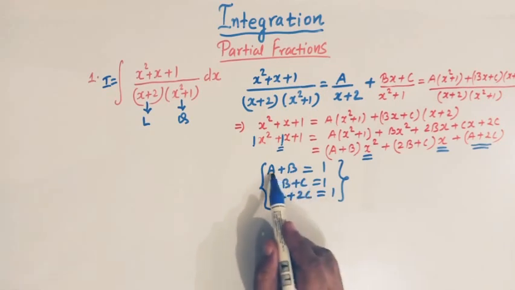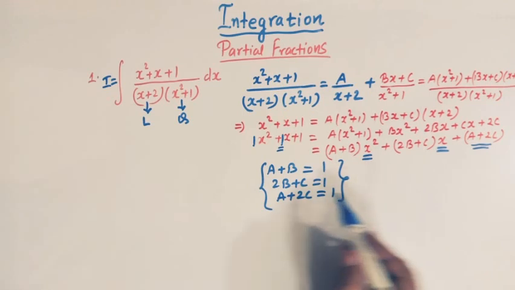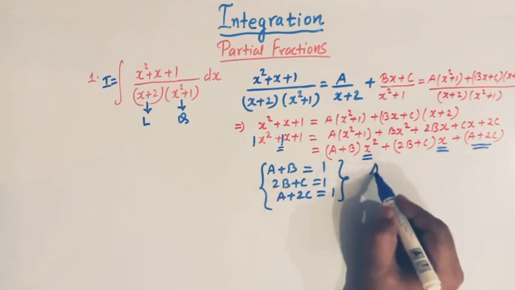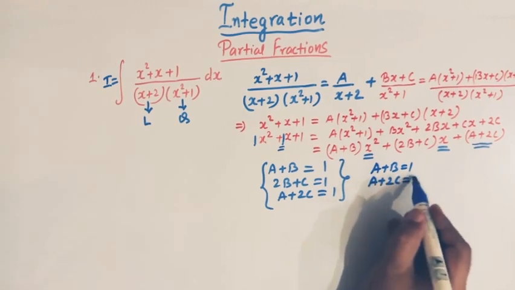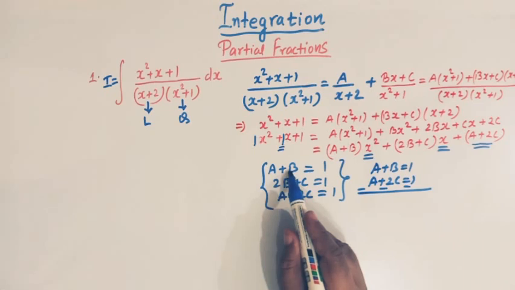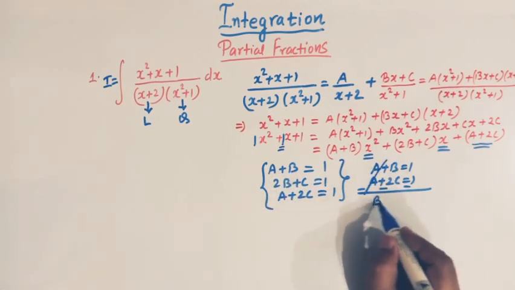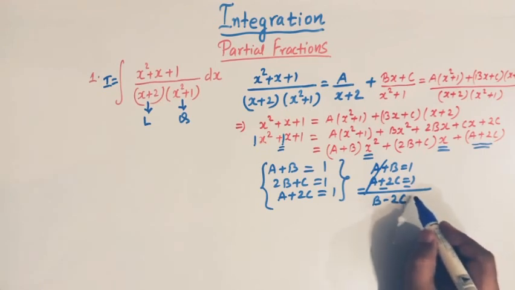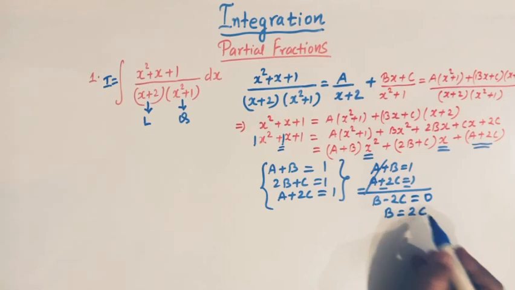So if I subtract this equation and this equation, a plus b is equal to 1 and a plus 2c is equal to 1, and if we subtract these two equations, a gets cancelled, we have b minus 2c is equal to 0, and b is equal to 2c.